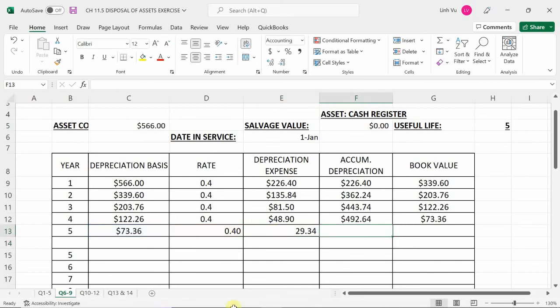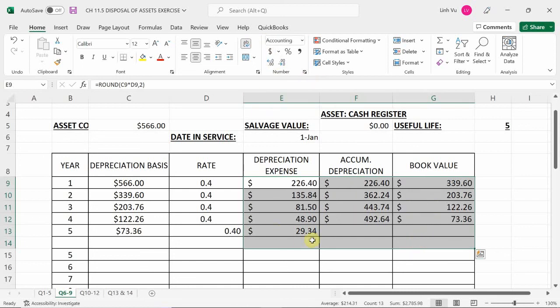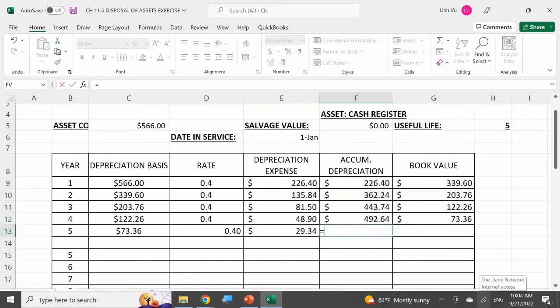So then what is my accumulated? $521.98. Okay.